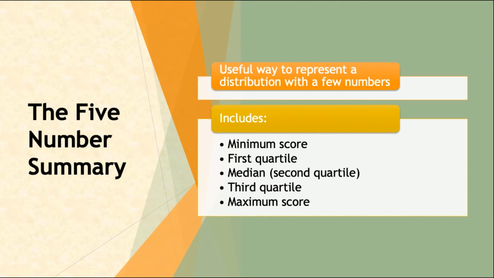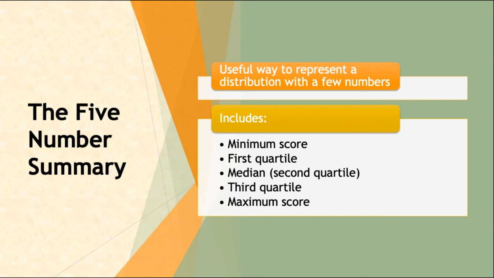Included in the five number summary are the following: the minimum, the first quartile, the median (the second quartile), the third quartile, and the maximum. The minimum and the maximum are simply the smallest and the largest scores in the distribution.